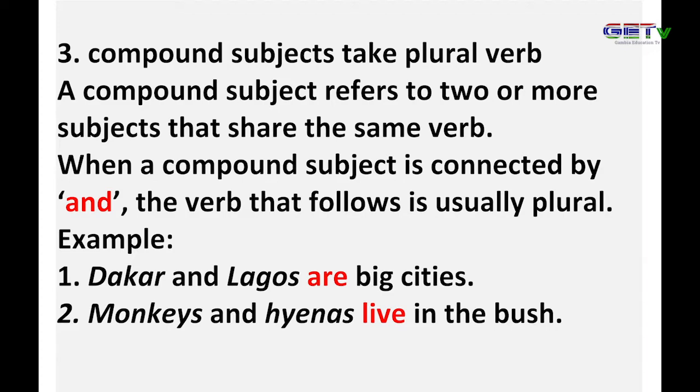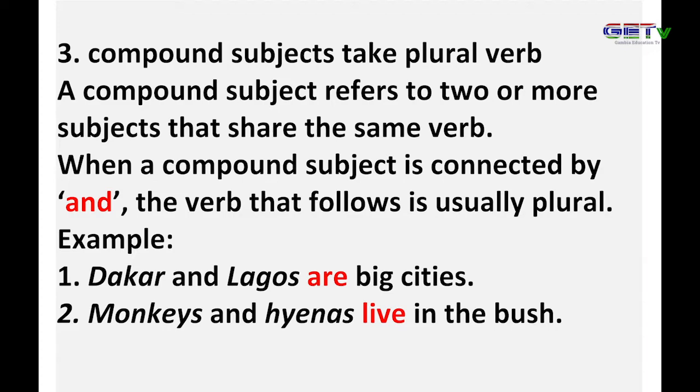Let's look at this example. Example 1, Dakar and Lagos are big cities. What are the compound subjects? We have Dakar as a subject and Lagos as a subject connected by the conjunction and. Therefore, it takes the plural verb.